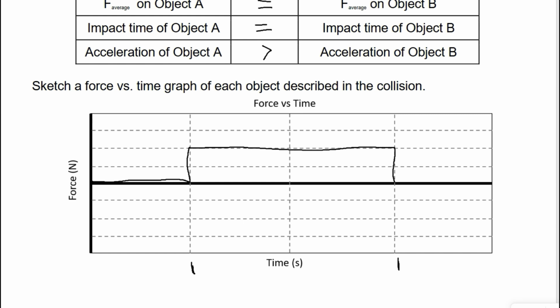That's going to be the one that was moving toward the right, which is object B. And then the other object is going to have the same amount of force over the same amount of time, but now it's going to be in the opposite direction, so it's negative. That's object A. Notice that the area under the curve for B and then the area under the curve for A are equivalent. The force times the change in time.